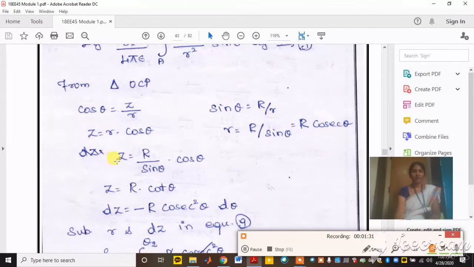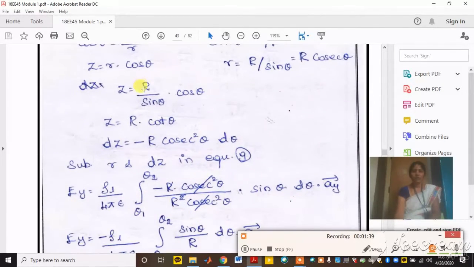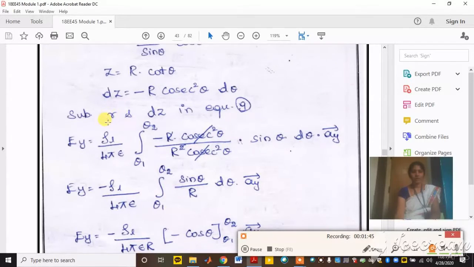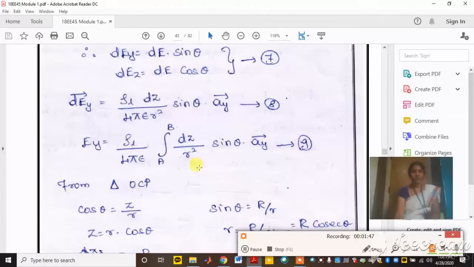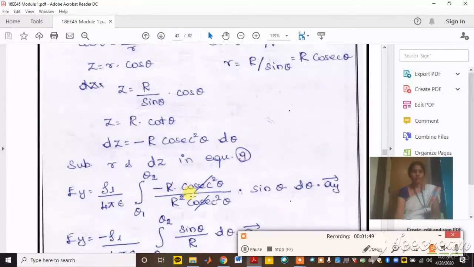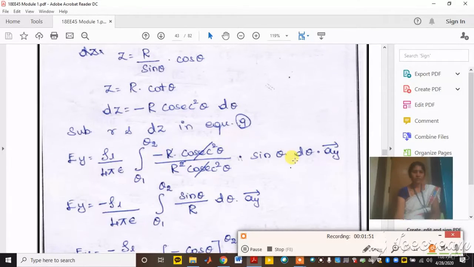We can identify what is dz from here. After identifying, you will get dz is equal to minus r into cosecant square theta, because the value of small r can be substituted as r divided by sin theta or r into cosecant theta. Substitute this r and dz in this equation. When you substitute, you will get the equation.